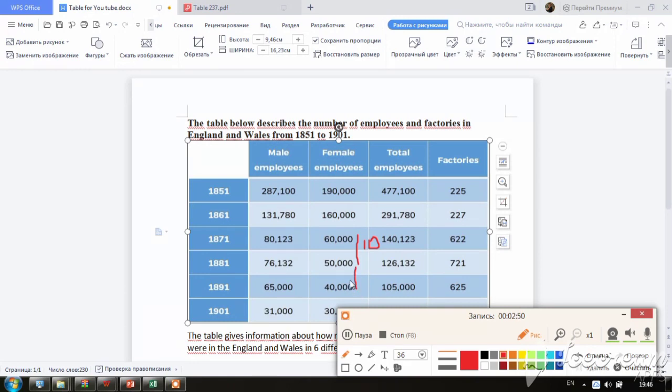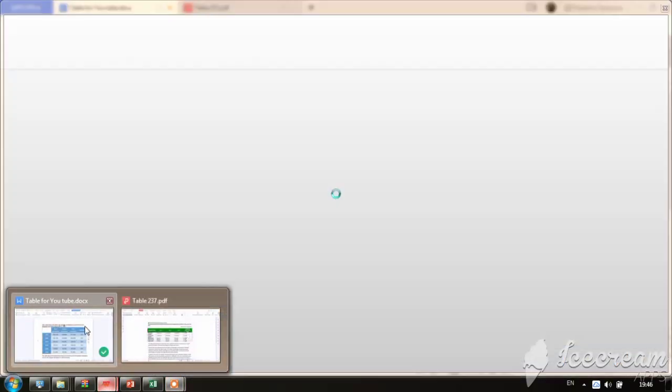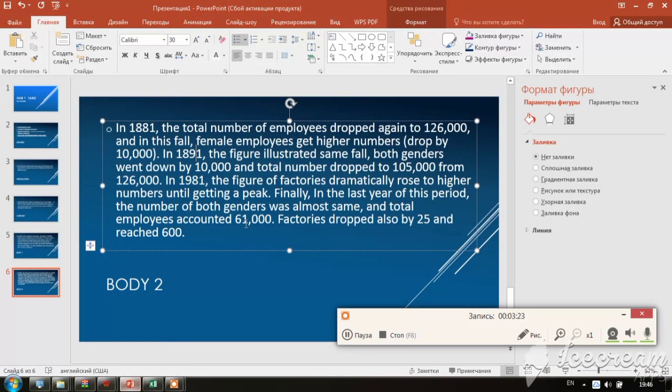Also the female numbers in 1881 dropped just 10,000, it was the same. But in the next section, male employees dropped to almost 11,000. It was higher than this.